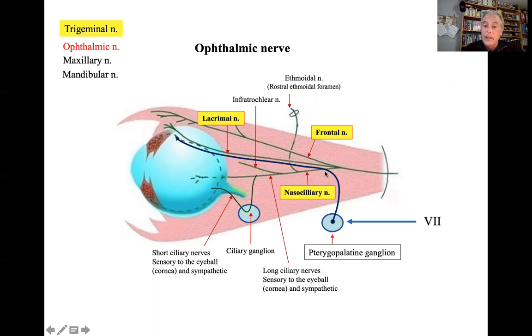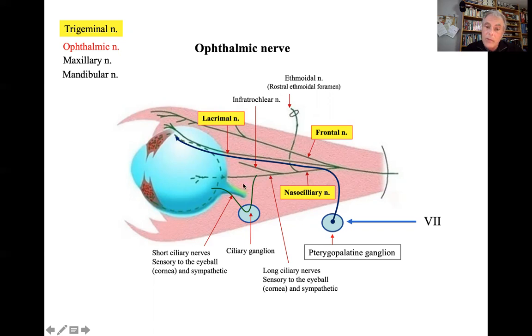The other branch is the nasociliary nerve. And this nerve branches in, first, the ethmoidal nerve that goes through the rostral ethmoidal foramen. That means that it exits the periorbita in order to go through this foramen. And this, as we will see later, is going to be sensory for the nasal cavity, the dorsal portion. Then another one is the long ciliary nerve, or nerves.